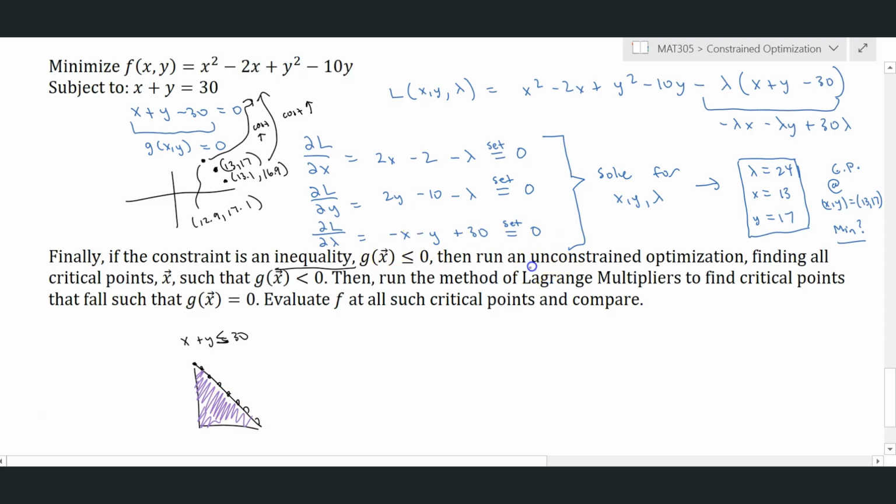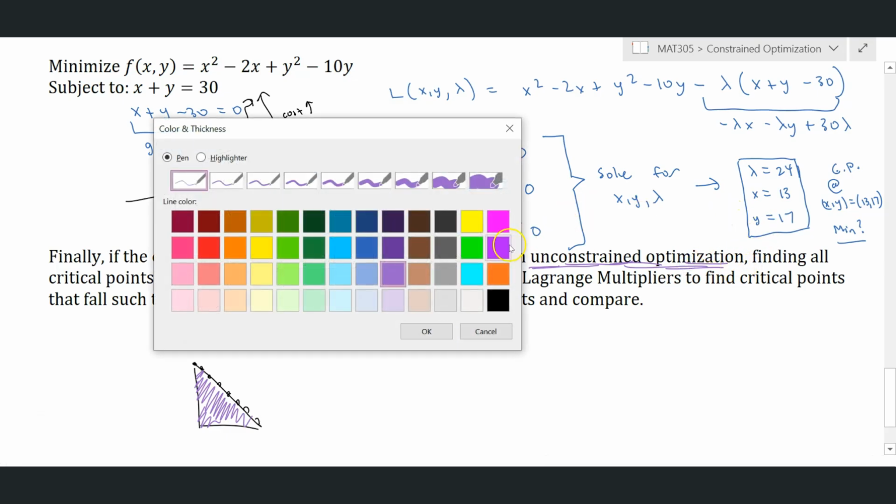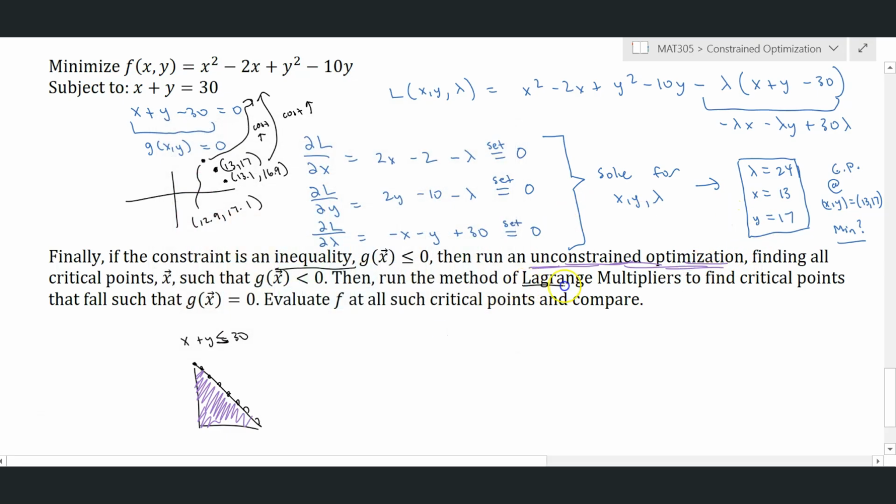So the unconstrained optimization problem, I'll make it purple here, and then run the method of Lagrange multipliers. That will take care of everything that is on the black. To find critical points that fall on g of x equals 0, evaluate f at all such critical points and compare. So that would be the procedure if g of x was less than or equal to 0.